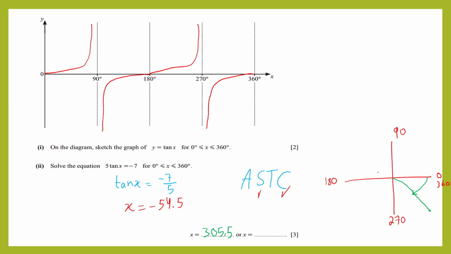In the second quadrant, we will move 54.5 up. So it's 180, if we remove 54.5, it will be 125.5. So these are the two answers in the second and fourth.